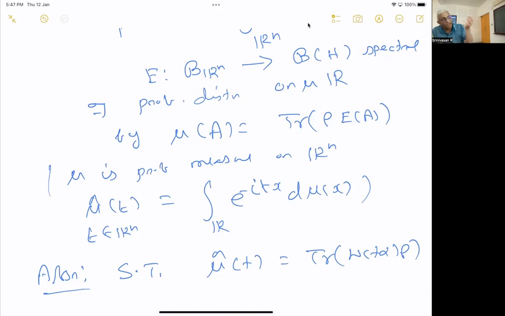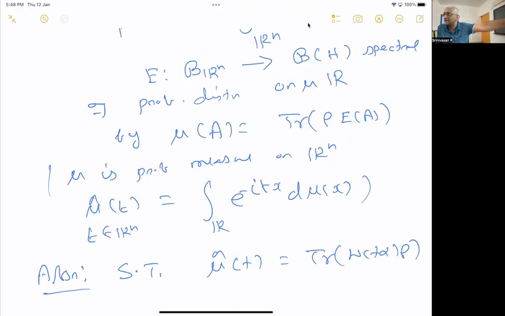Suppose this rho is a pure state. Okay? It's given by a single vector. A pure state means it's a rank 1 projection. See, if you have a spectral measure and a single vector, then you get a measure on that, and with respect to that measure you can prove it easily when rho is a rank 1 projection.